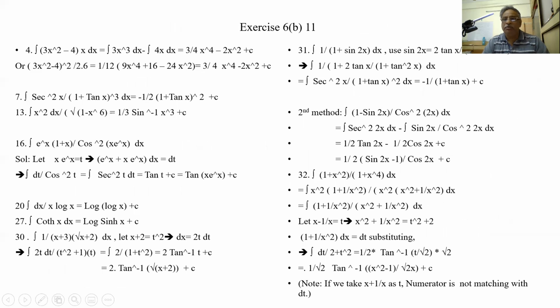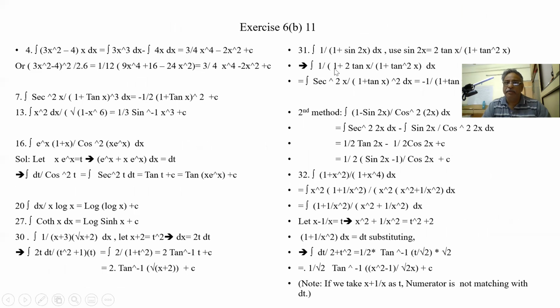See the problem number 31. Integral 1 by 1 plus sine 2x dx. So let us use sine 2 theta equals 2 tan theta by 1 plus tan square theta.